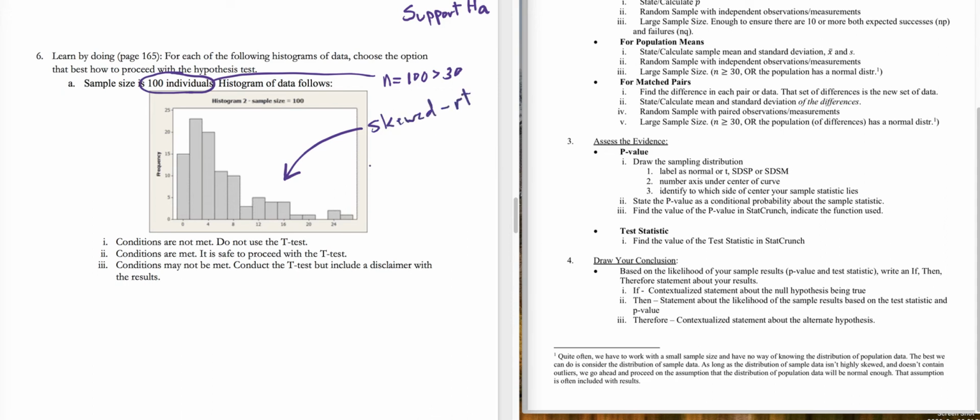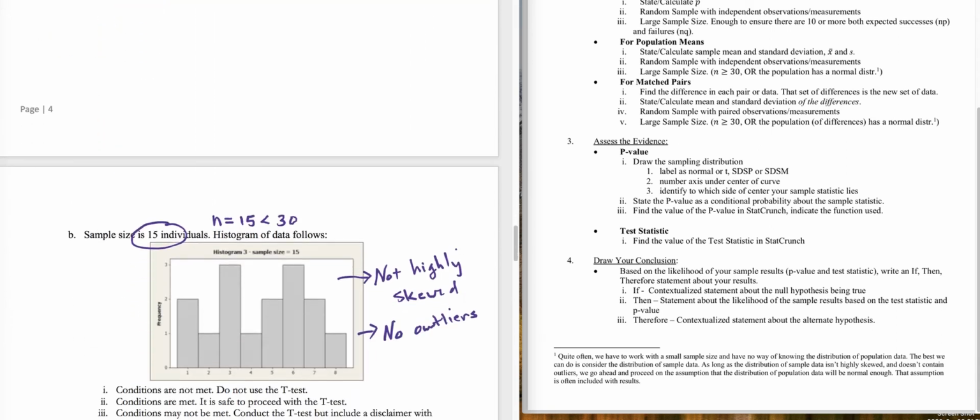It's skewed right, but honestly, we don't care. It doesn't matter. We don't need to assess that distribution because our sample size is big enough to get that normal sampling distribution. So for my learn by doing, I'm going to pick choice number 2. Conditions are met. It is safe to proceed with the t-test. My sample size is big enough.